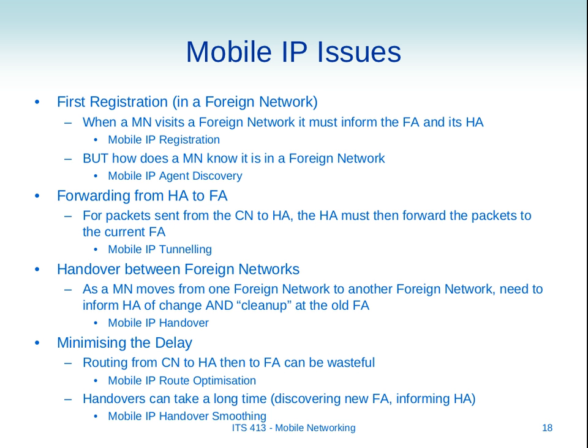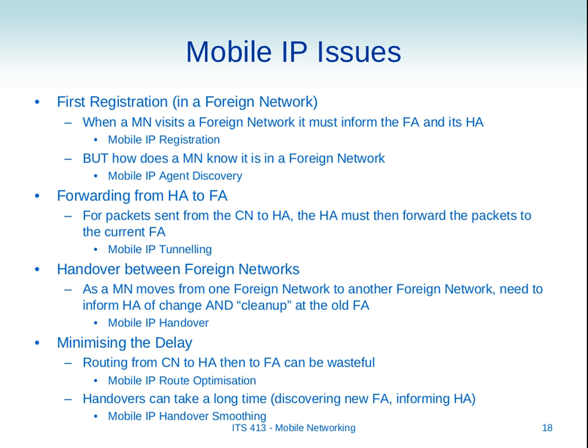So agent discovery, registration, tunneling, how do we deliver the packets once we've entered a foreign network, and some more advanced things: how do we do handovers between foreign networks as we keep moving, and how do we improve the performance.